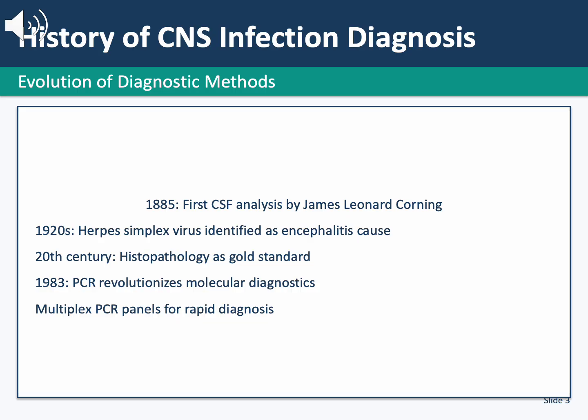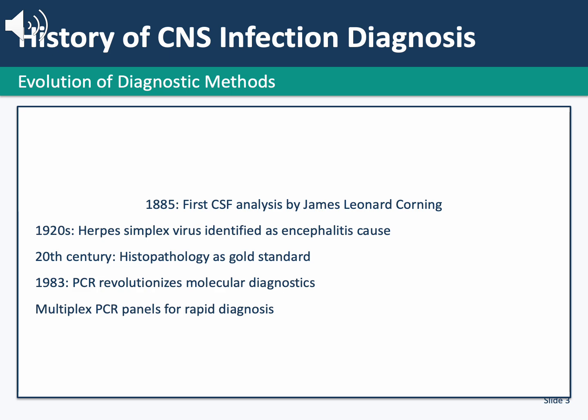Viruses were harder to identify, the earliest reports suggesting herpes simplex virus as a causative agent of encephalitis in humans appeared in the 1920s. For the better part of the 20th century, histopathological diagnosis by visualizing the necrotizing characteristics of the virus on biopsy or autopsy remained the gold standard for diagnosis.